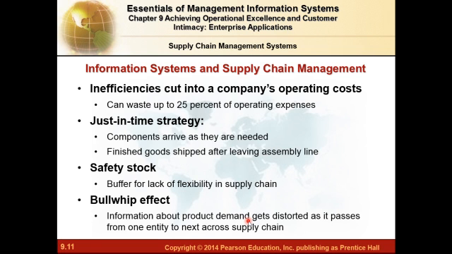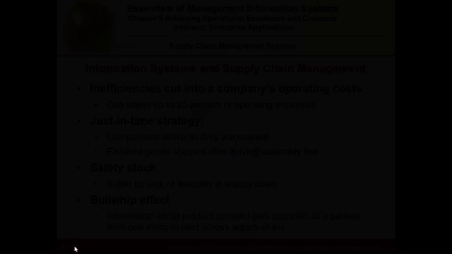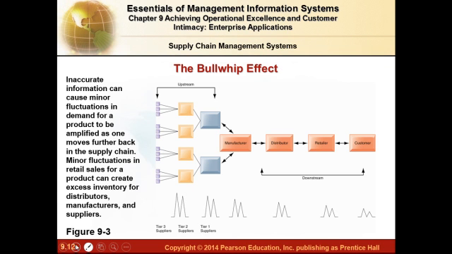Unfortunately, this old-style thinking costs too much money in terms of lost opportunities, overstock, underused parts, and also overpriced products. Okay, this is the figure that illustrates the bullwhip effect.